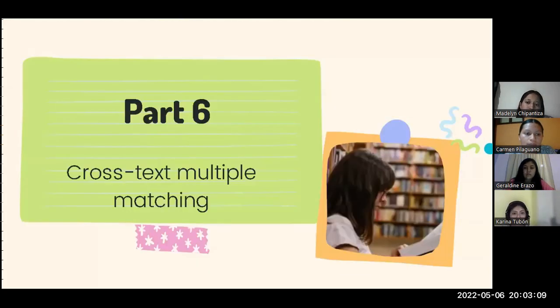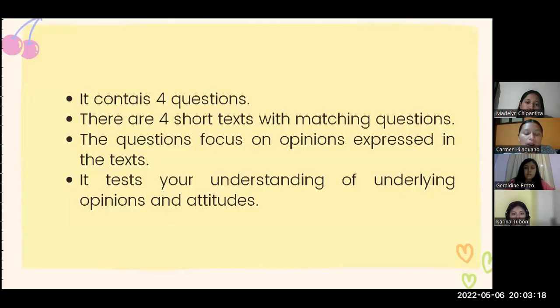Next, please. Part 6 of reading is cross-text multiple matching. It has 4 questions. There are 4 short texts with matching questions with 4 options. The questions focus on opinions expressed in the texts, to identify opinions that are the same or different across the texts.